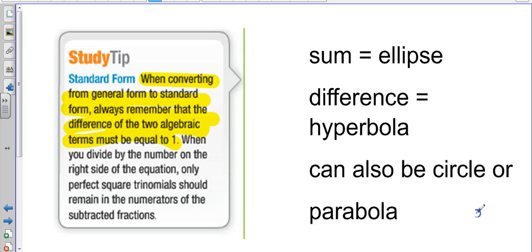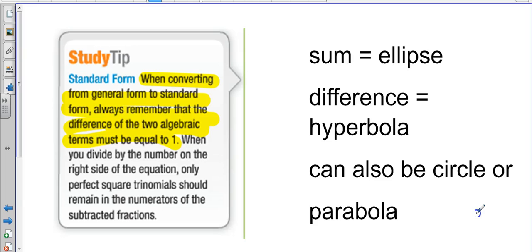All right. The rest of this is on completing the square again. It says, remember when you have the sum of 2 squares, you get an ellipse. When you have the difference of 2 squares, you get a hyperbola. You can also get a circle or a parabola. How would you know it was a parabola? One of the variables is squared and one is not, right?